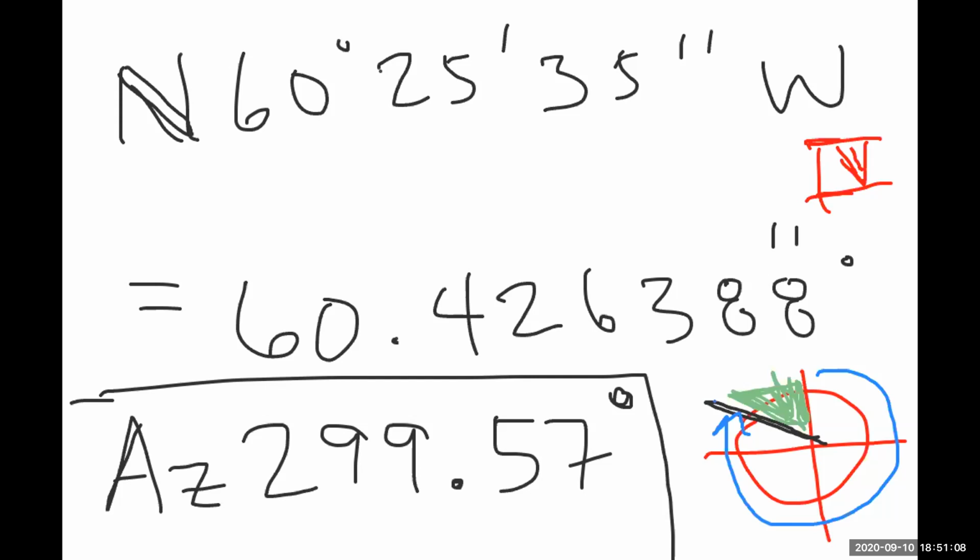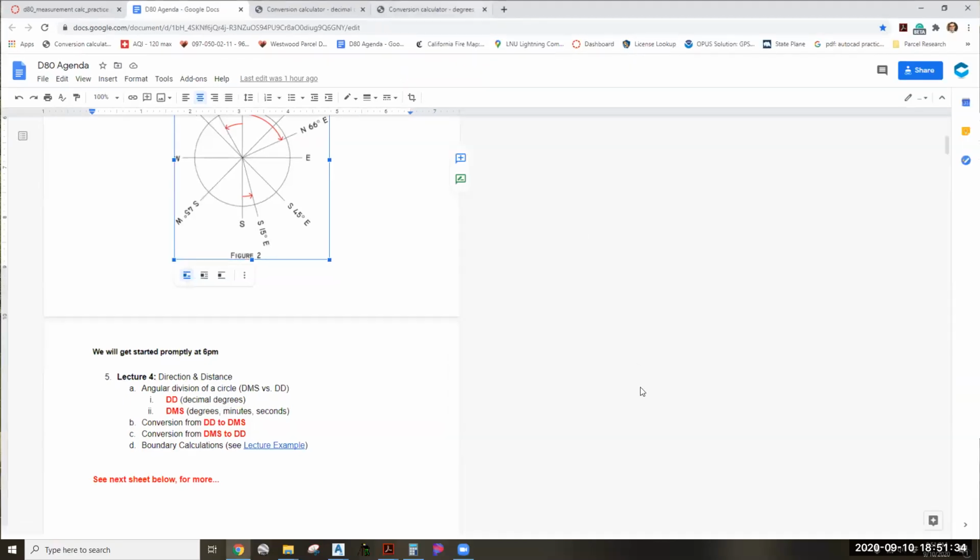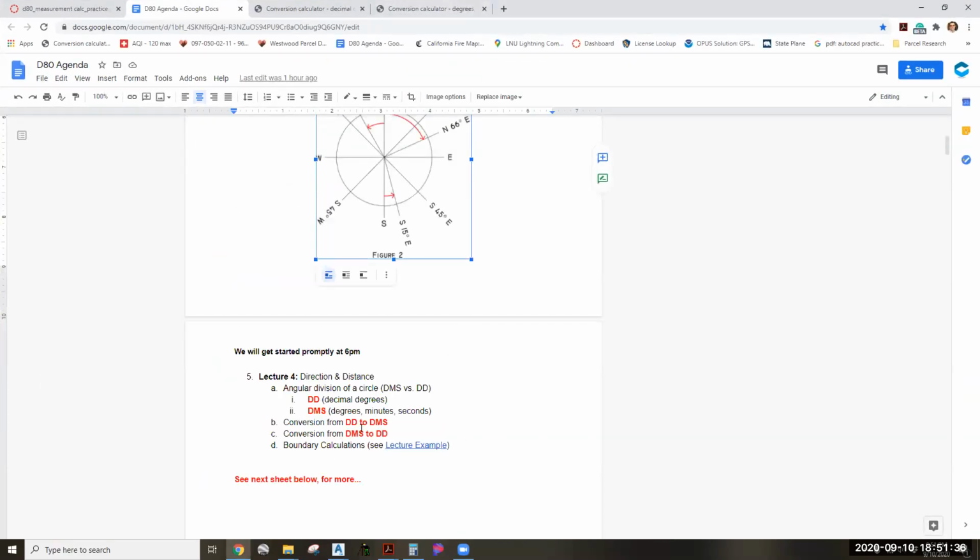But just in case, to make sure that I don't have a rounding error on my azimuth, I always do the rounding at the very end, okay? So that is the conversion between decimal degrees and degrees, minutes, seconds, okay?